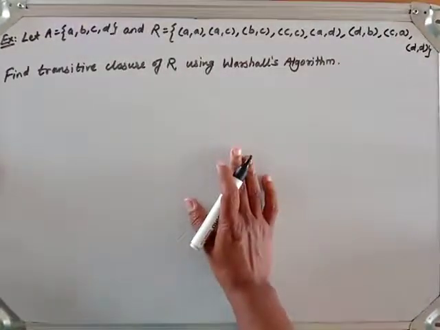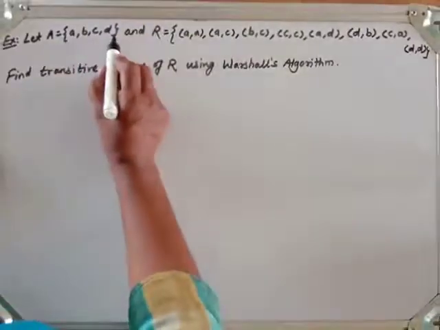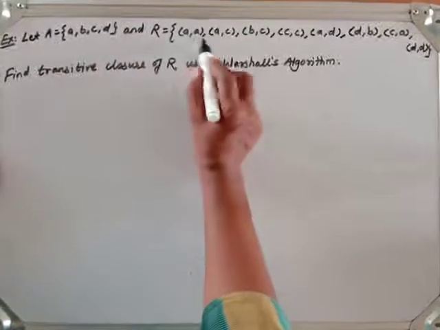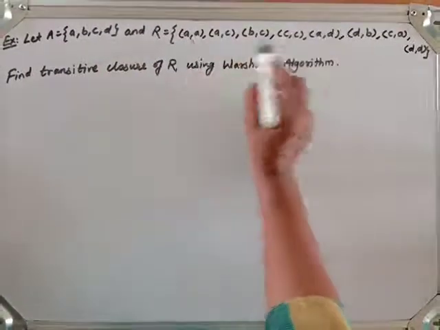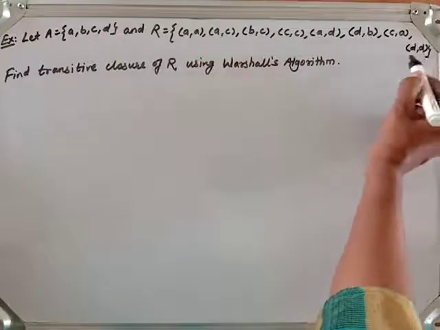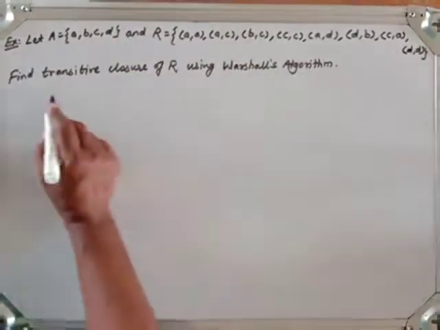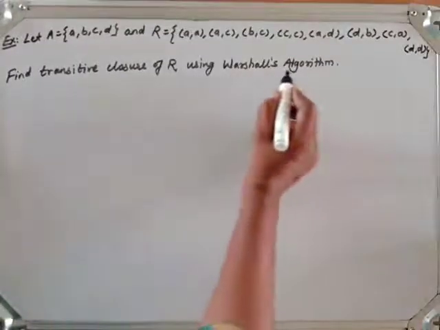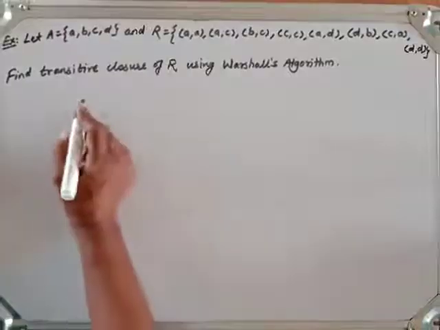Now here the second example is that let A have the elements A, B, C, D, and R be this relation: AA, AC, BC, CC, AD, DB, CA and DD. Now the question is to find the transitive closure of R using Warshall's algorithm.